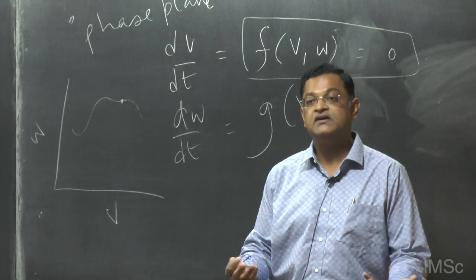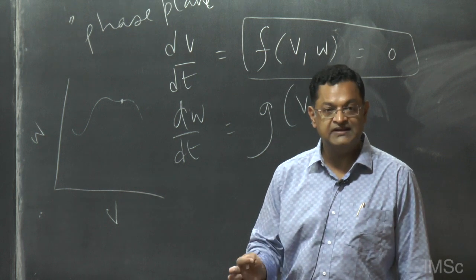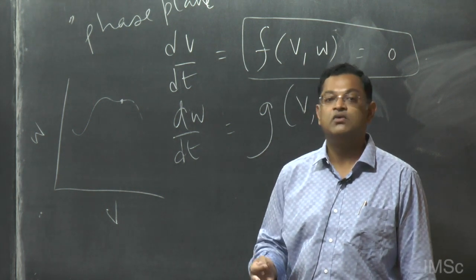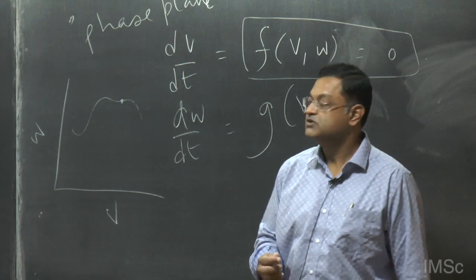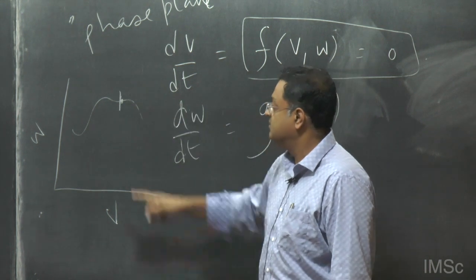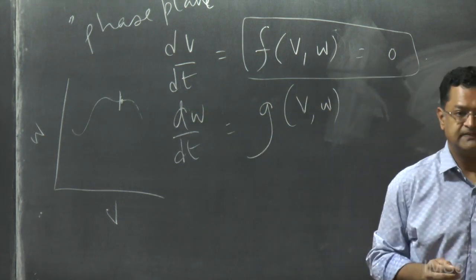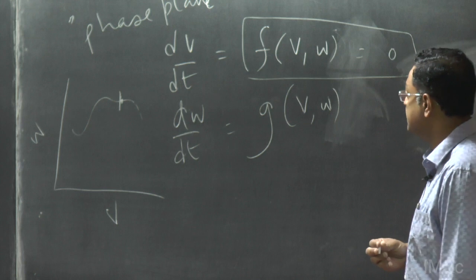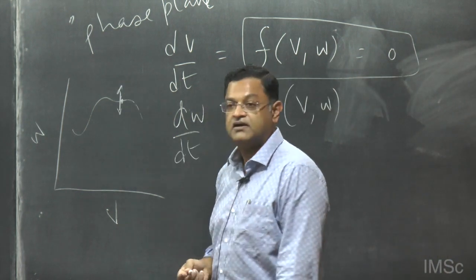No, you could move in the W direction, right? You will not have any motion in the V direction, and you will only be moving in the W direction, right? Does this make sense? Because dV by dt is 0, you could be moving this way, or you could be moving that way.